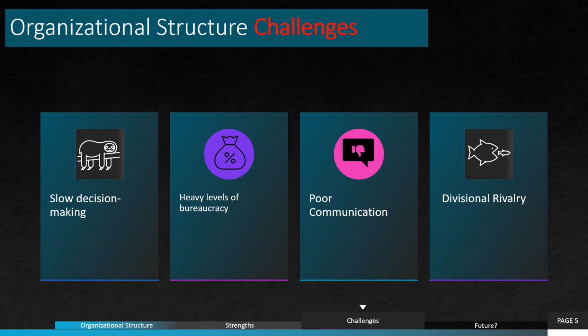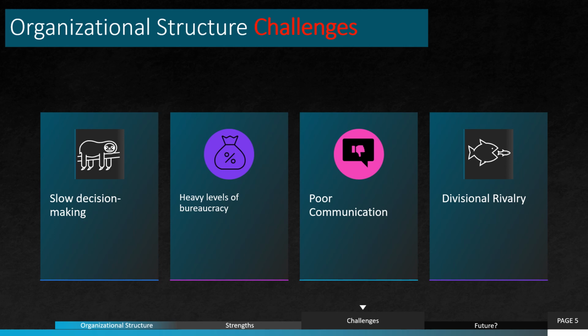So the heavy levels of bureaucracy can really slow down the wheels of progress within an agency, really of any size, but particularly a large agency or an agency with lots of different levels of hierarchy. So that can be a very large challenge for agencies.